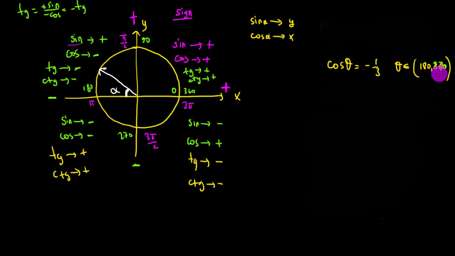So it is in the third quadrant. Look here, in the third quadrant, cosine is always x, yeah. So this is x. So that's why cosine is minus. So then it means it is true, yeah.